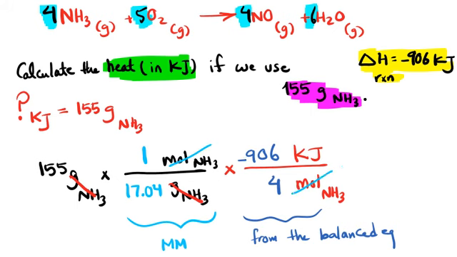Moles NH3 and moles NH3 cancel out. So you need to solve your problems and report your answer in the only remaining unit, kilojoules. Because we have 3 significant figures at the beginning, we are going to end up with 3 significant figures for our final answer.